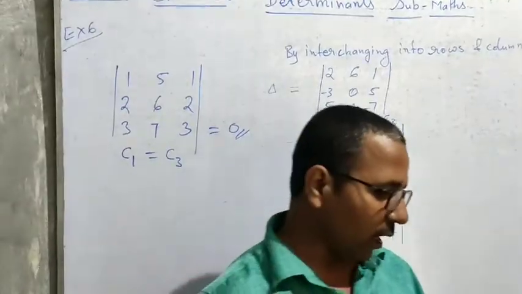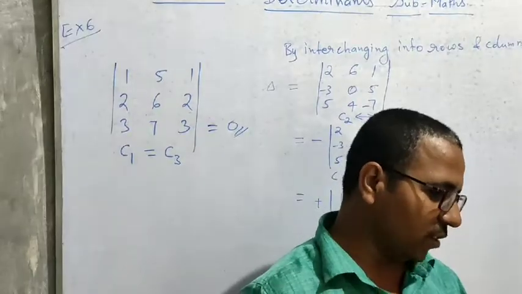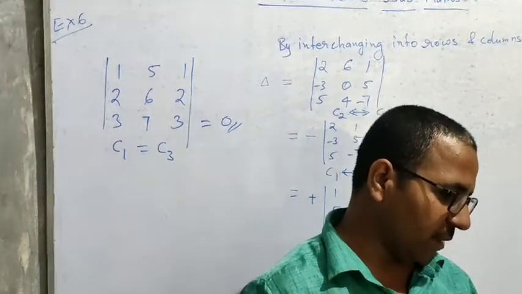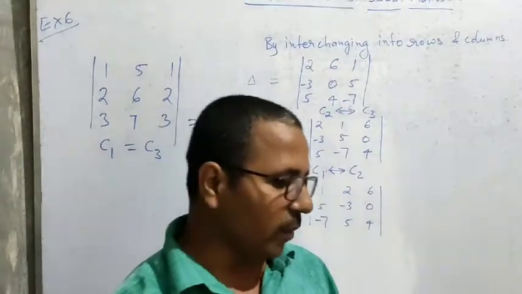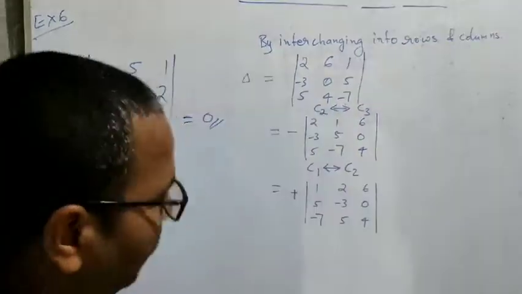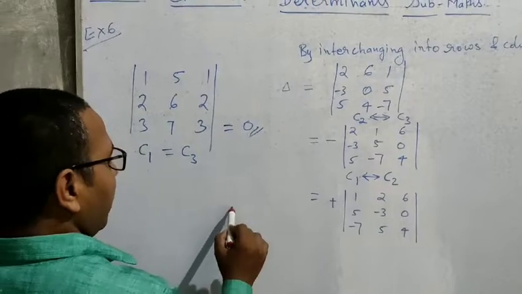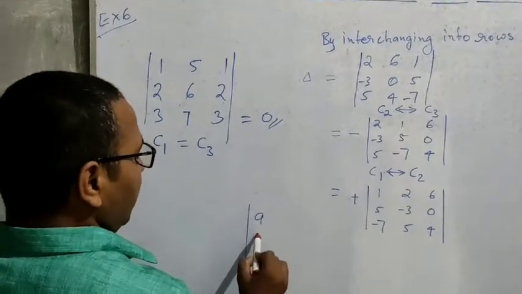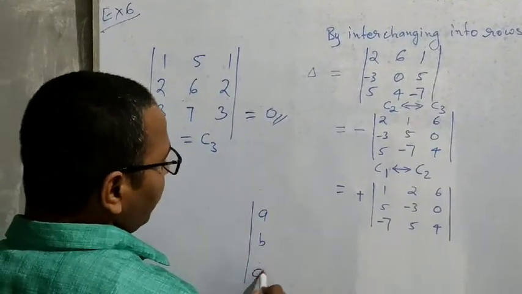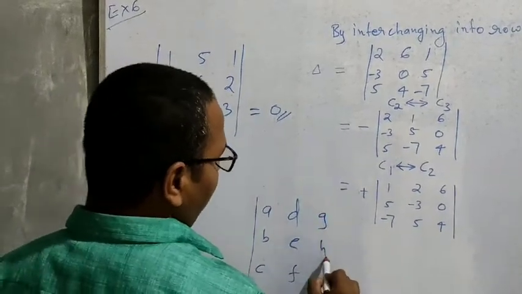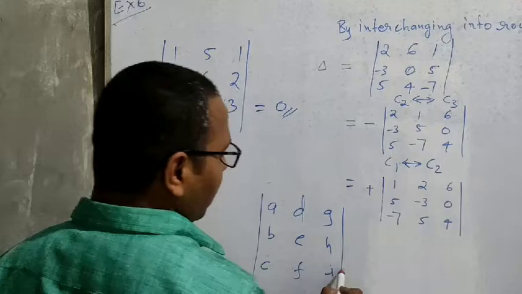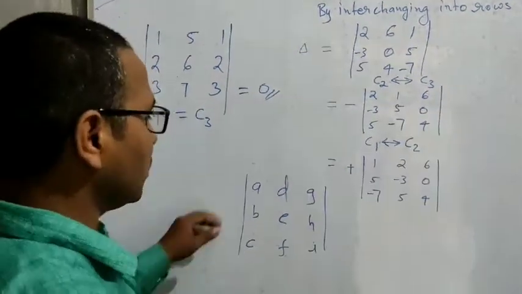Property number 4: if each element of a row or column of the determinant is multiplied by a constant k, then its value is multiplied by k. Suppose we take a determinant A, B, C, D, E, F, G, H, I. Suppose we multiply any row with the constant k.